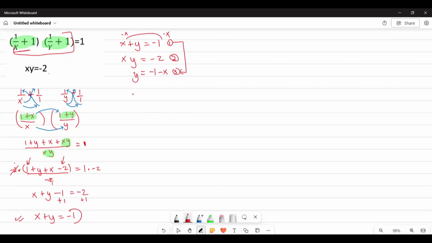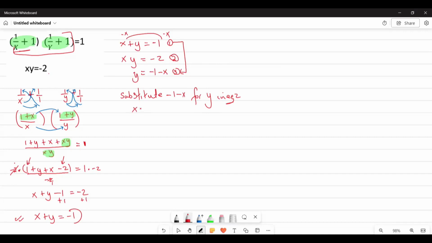Now I'm going to substitute. It's my intention to substitute. I do want to substitute -1 minus x for y, okay? And I could do it in equation 2. So let me write equation 2 now. What is equation 2?